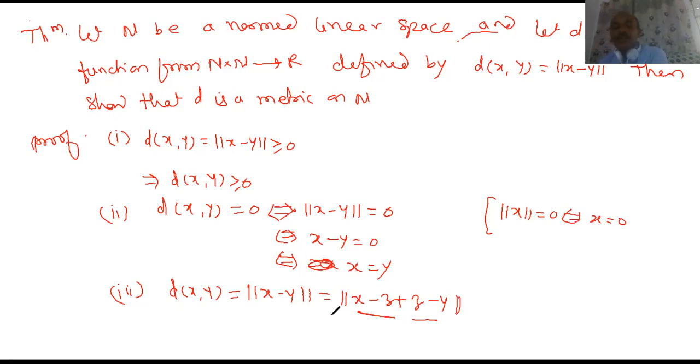So this is less than or equal to norm of x minus z plus norm of z minus y. By the definition, norm of x minus z is d of x, z, and norm of z minus y is d of z, y.